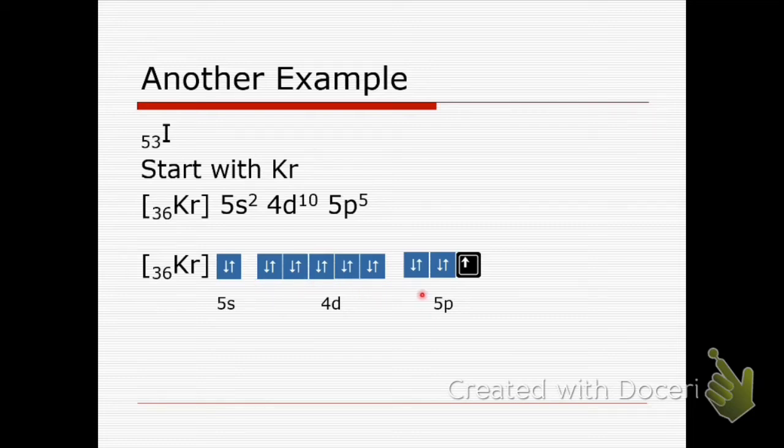Following Hund's rule, where we have 5 electrons to go into the p orbitals, we would fill in 1, 2, 3, and then 4, 5. I realize on these arrows I put the downs first instead of the ups. Please forgive me.